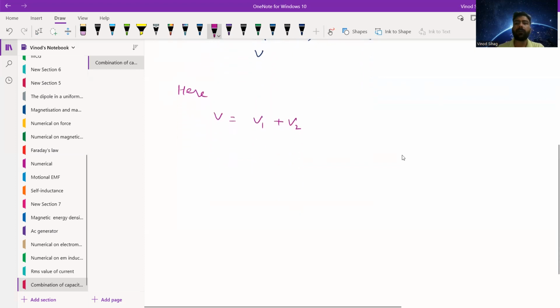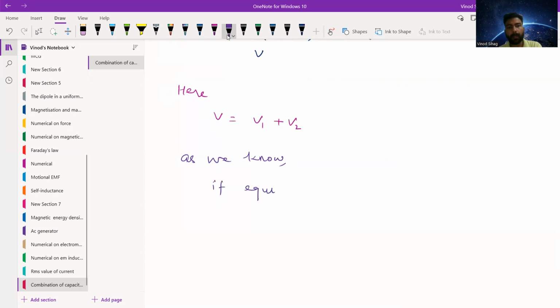Now, as we know that for a capacitor, what is the equation of the relation between charge, voltage, and capacitance? Okay, first of all, I'll write for the equivalent capacitance.